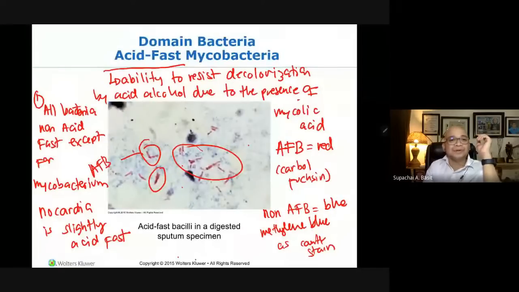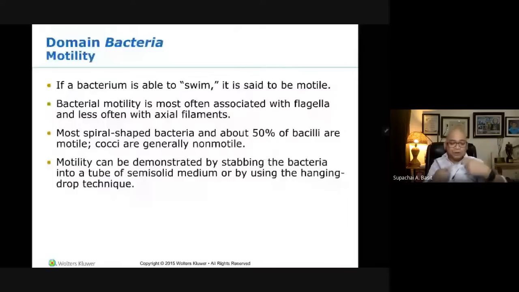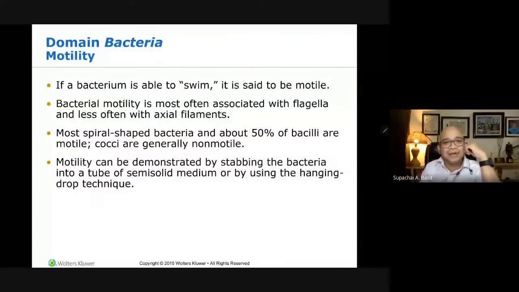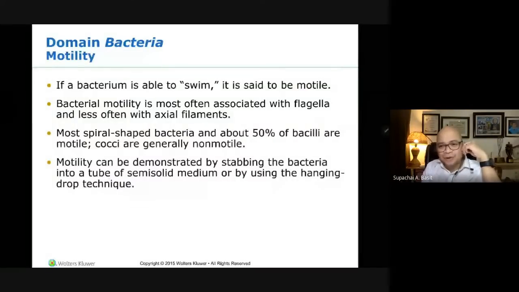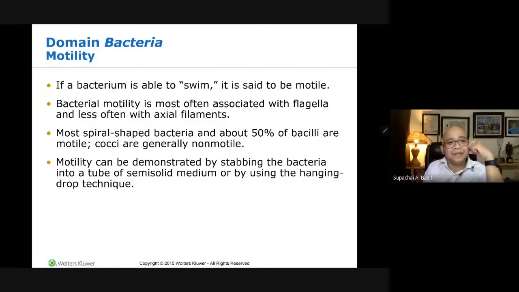Okay, so moving on, we also classify bacteria by whether they are motile or non-motile. If a bacterium is able to swim, it is said to be motile.